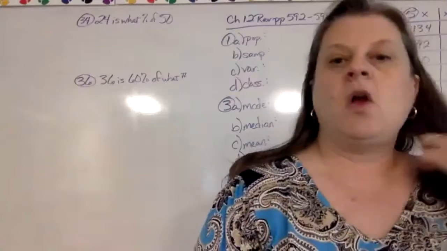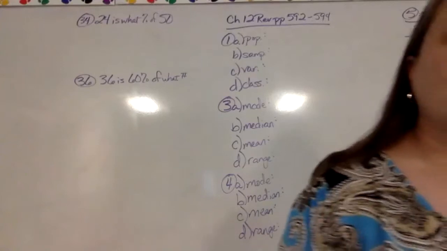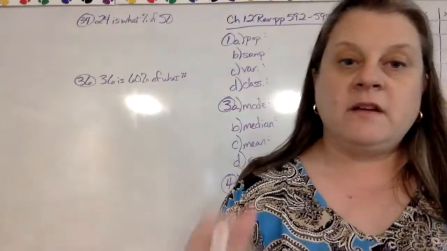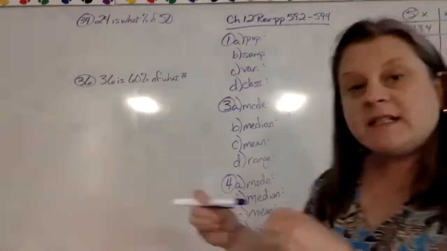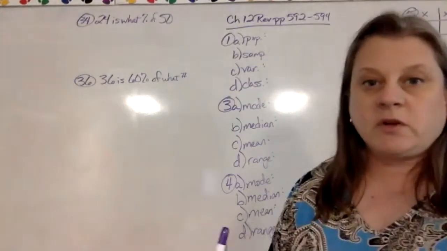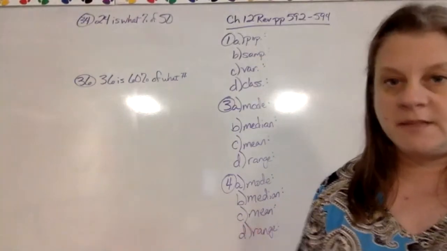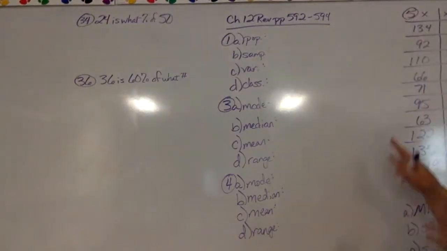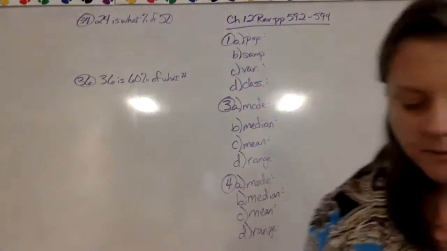Are they getting qualitative, where it's something in categories? Are they getting quantitative numbers? Okay, and if you're doing quantitative where it can be numbers, you need to figure out whether it's discrete, something that's counted, or continuous, something that's measured. So we have all these things that we have here, and number 1 is an example of that.